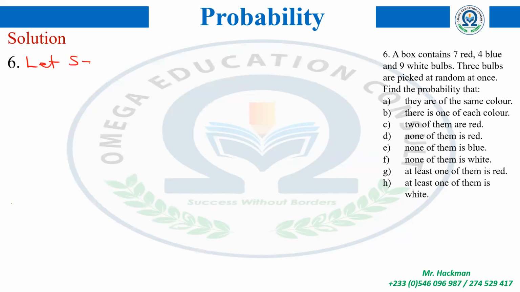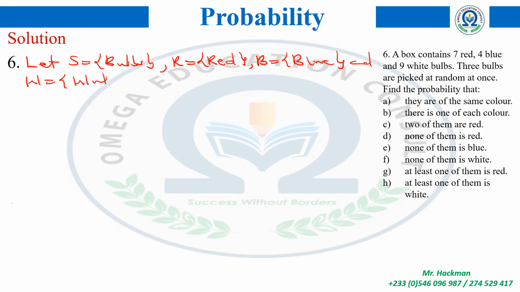So let S be equal to, this time around, you are dealing with what? Bulbs. Your first color is red, so R will be a set of red bulbs. B will be a set of blue bulbs, and your last one will be white, so W will be a set of white bulbs.